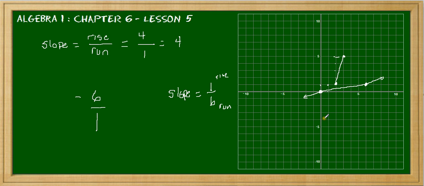So we're going to go down 6, and then we're going to go +1 over to here. You see? And then we would draw our line, and again, my not so straight lines would take me all the way down to here. And we could see that we have a line that passes through the origin with a slope of -6.